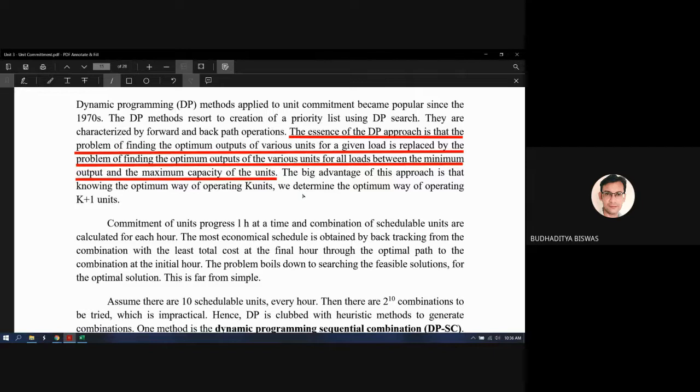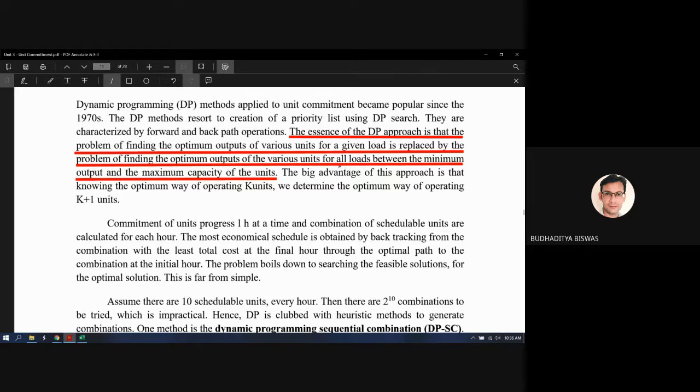So one load demand is given, and we want to find out which units should commit to meet that load demand. That was the actual problem. So this problem is replaced by the problem of finding the optimum outputs of the various units for all loads.